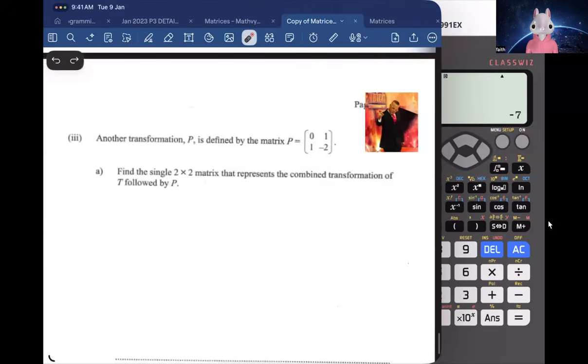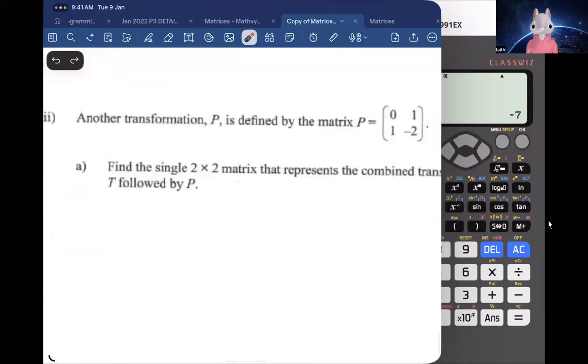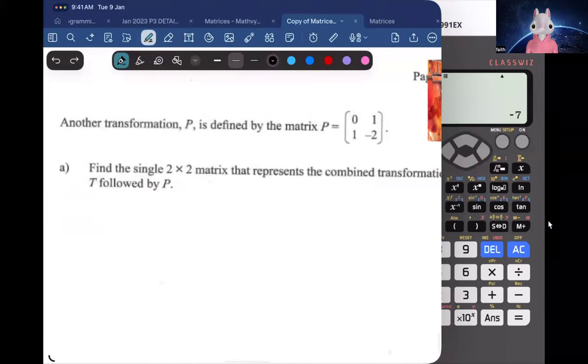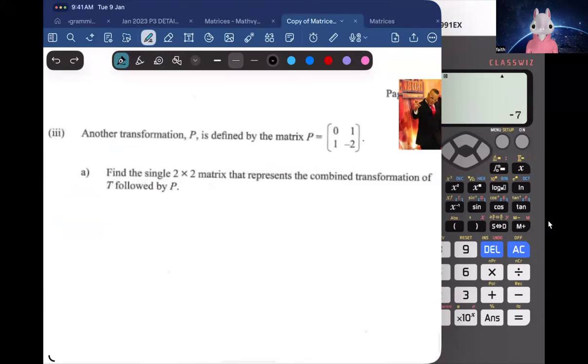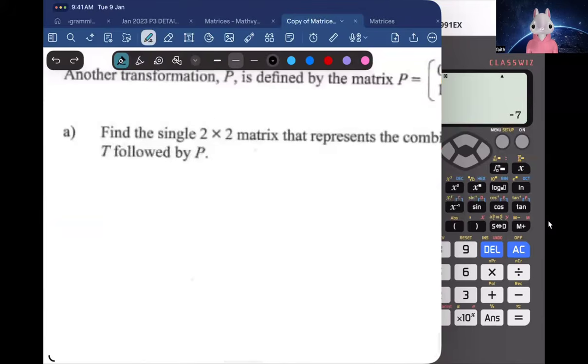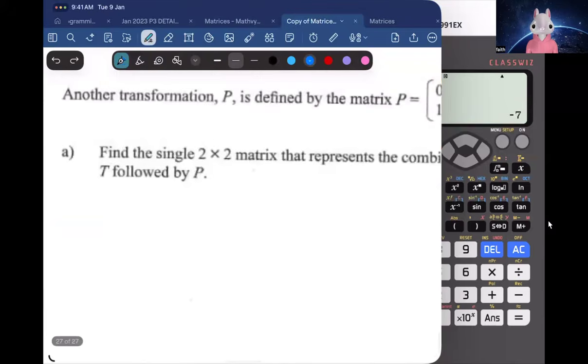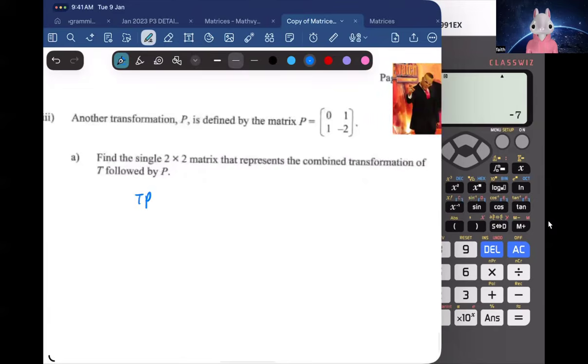Over here we have a combined transformation question. They're saying find the single 2 by 2 matrix that represents the combined transformation of T followed by P. So guys, anytime you're dealing with a combined transformation question and you want to find the combined matrix, would I say T by P?